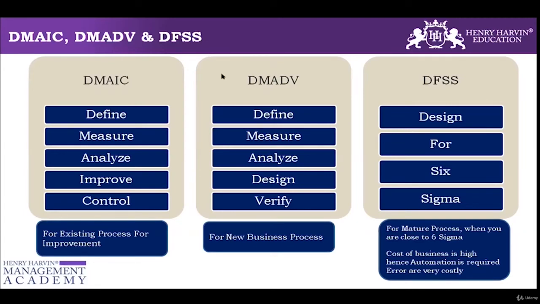But if somebody is interested to go for the full program of DMADV and DFSS, you can reach out to me, or you can reach out to the people you are enrolled with, and they would help you to go for this training. But I would recommend first to understand DMAIC, understand the concept for at least 6 months, do one project, understand each and everything, and then go for DMADV or DFSS.